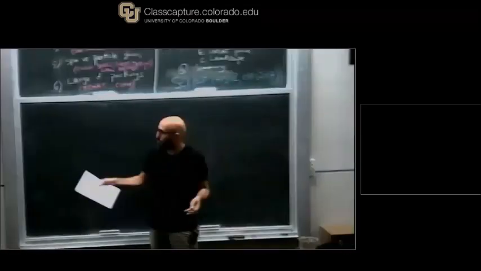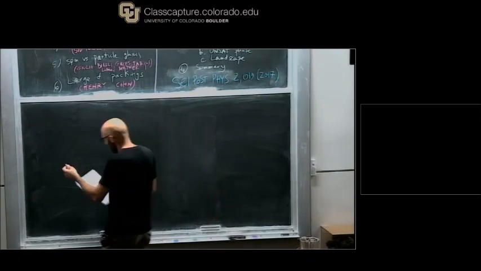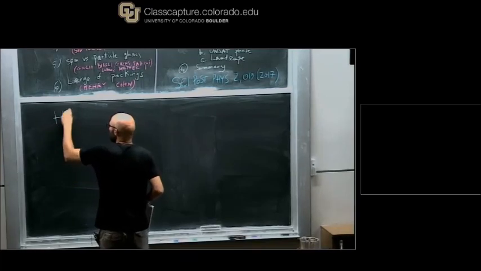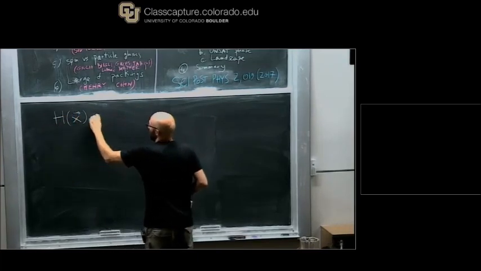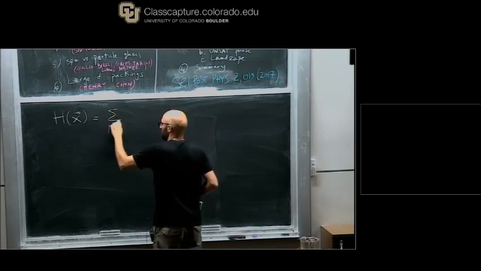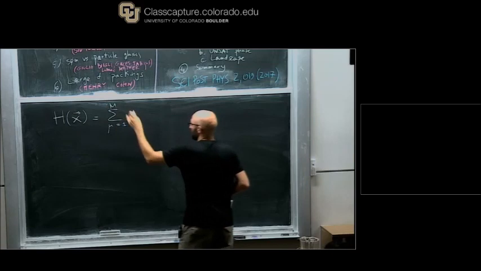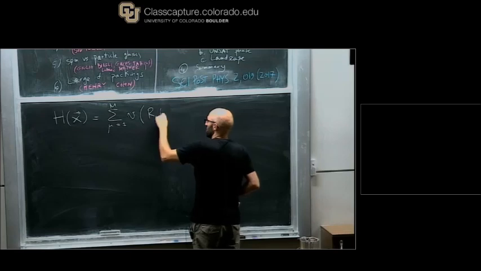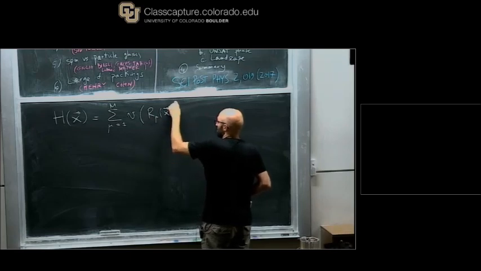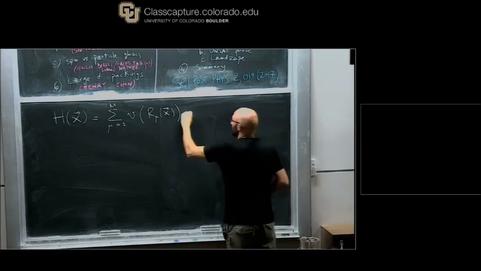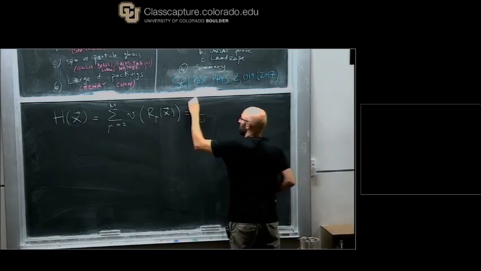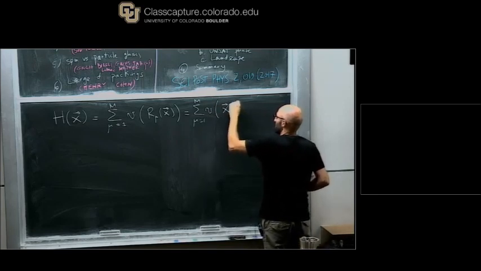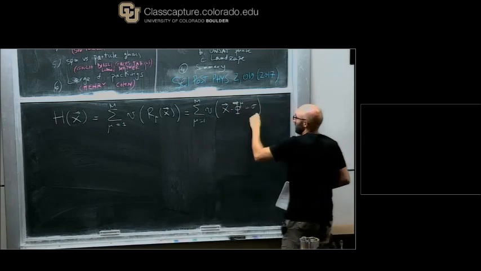OK. So what can I do? Anytime you have to satisfy some constraints, you can encode the constraints in a Hamiltonian. So I will write my Hamiltonian, which is a function of x, as the sum from mu equal to 1 to m of some potential v, which will be a function of R mu of x. So it will be the same potential function of x dot phi mu minus sigma.